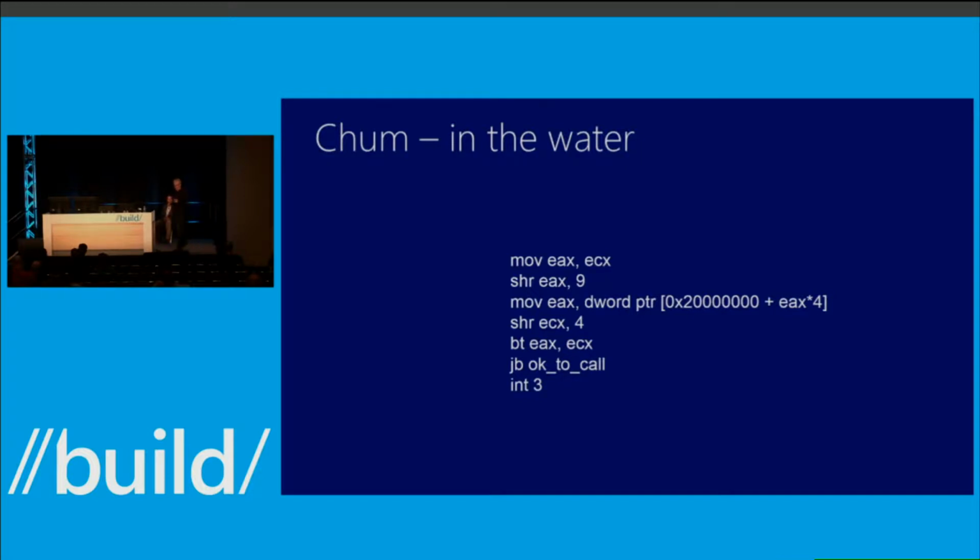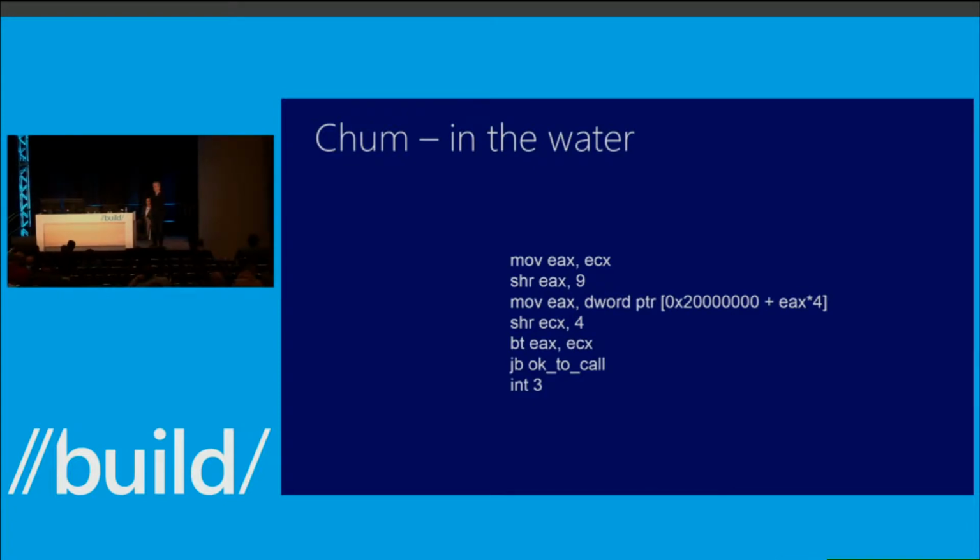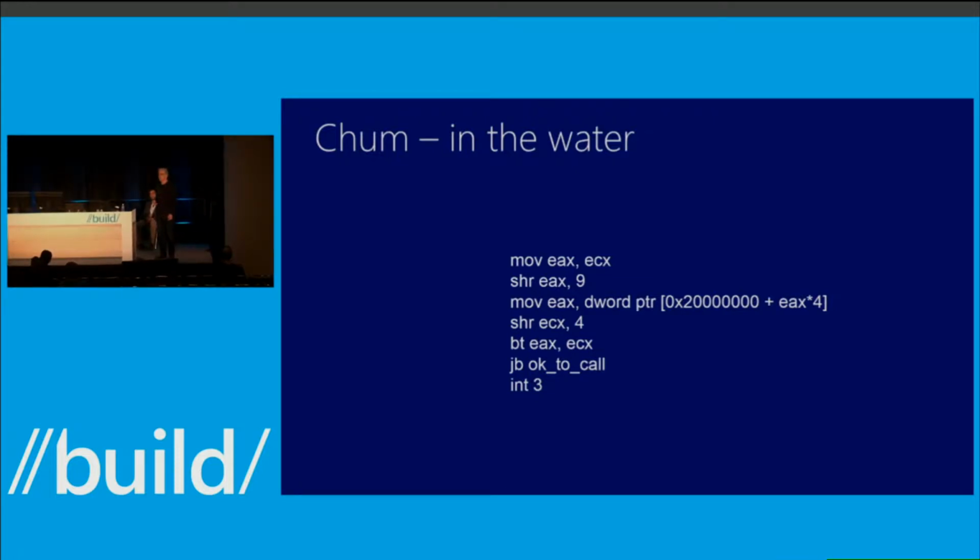So what you can see is if the pointer to the function came in ECX, we'd move it over to EAX, operate on it by using it as an index into a direct map cache. Okay, so that's what that first shift right is. And then there's the table lookup. And then when we're going to go to the table, we're going to pull out a byte, and we're going to see if a bit is set to see whether or not it's OK to call that address.